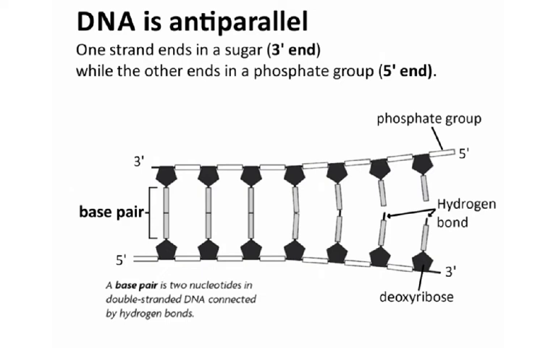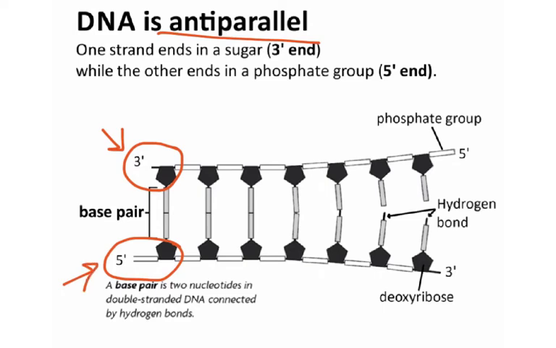Although DNA looks like a ladder, it's actually anti-parallel, meaning that one side of the DNA molecule will end in a sugar, while the opposite side ends in a phosphate group. So we simply label the sugar end as a 3', and we label the phosphate group end as a 5'.